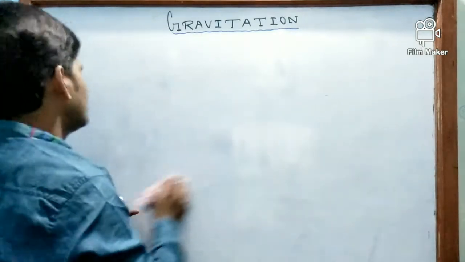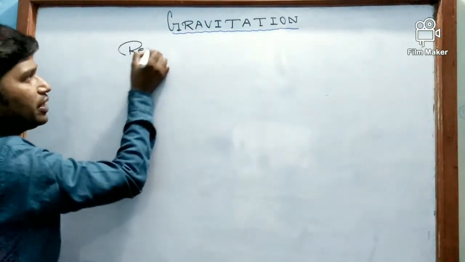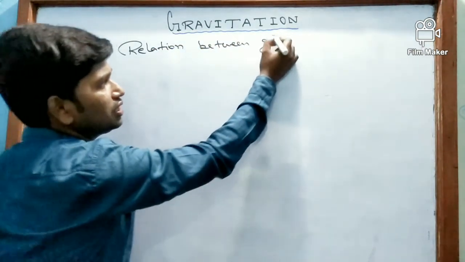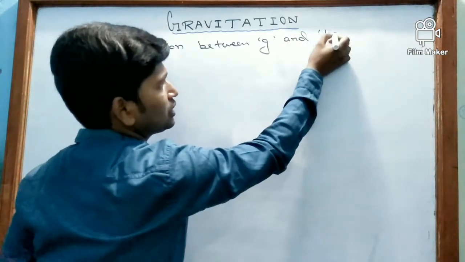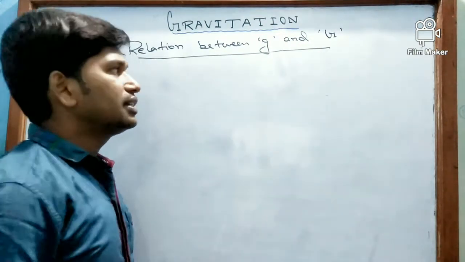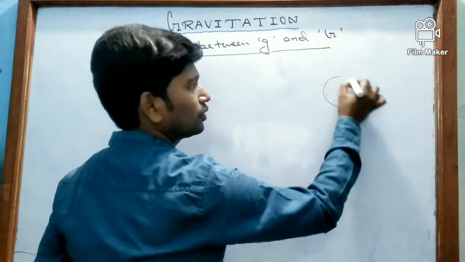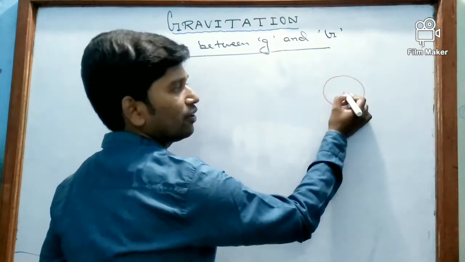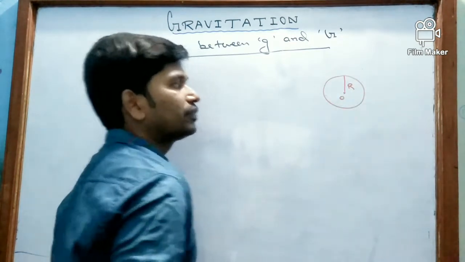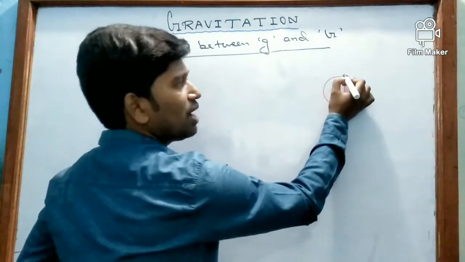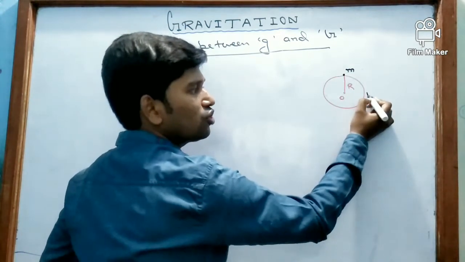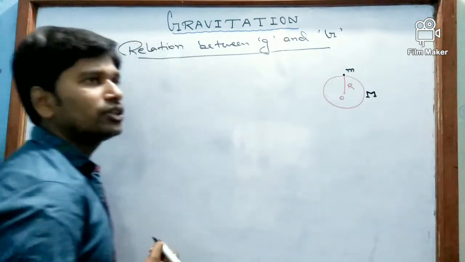So let us see the relation between small g and capital G. For this we will consider Earth to be a sphere with center O, radius capital R. Let a body of mass small m be kept on the surface of Earth, and the mass of Earth let us assume is capital M.